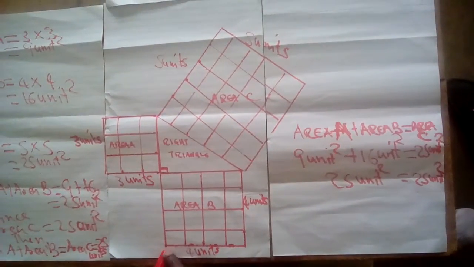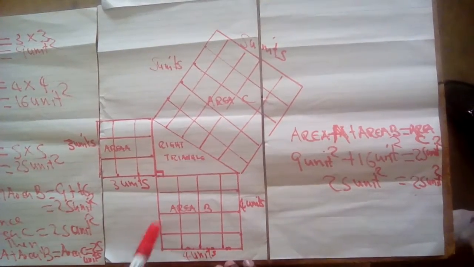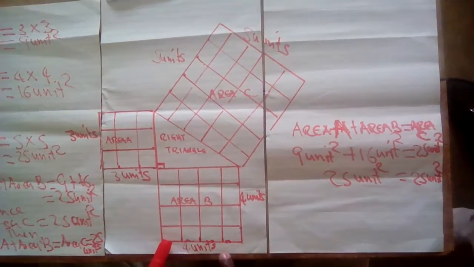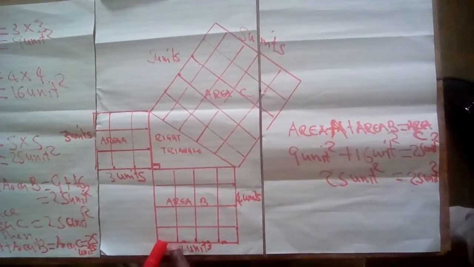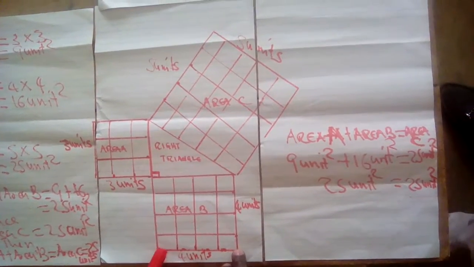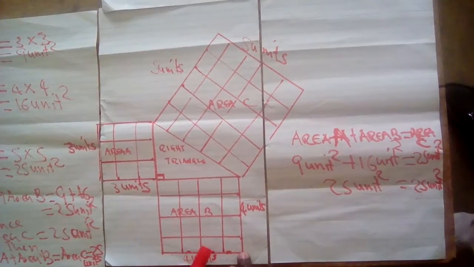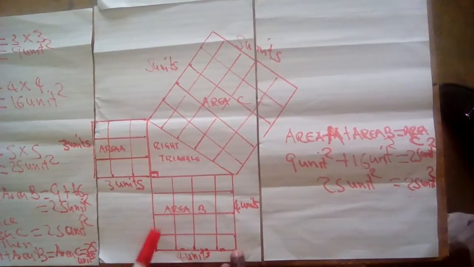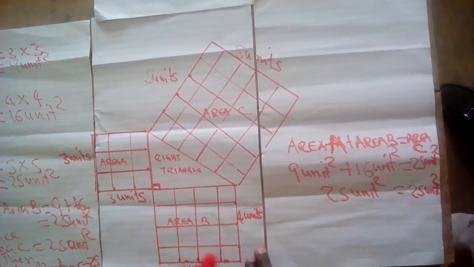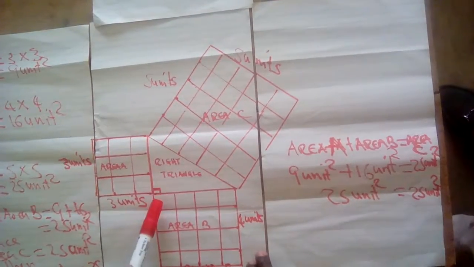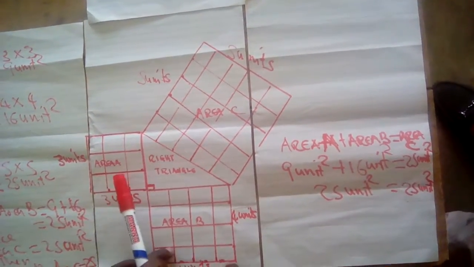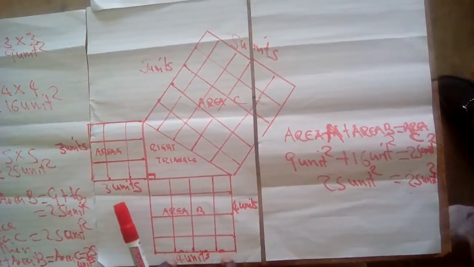In this square here, you will have a total of 16 unity squares, because the lines are at a distance of 1 unit each for both the vertical columns and the horizontal rows. If you count here, you'll have a total of 16 unity squares. So the area of this square is 16 unity squares.